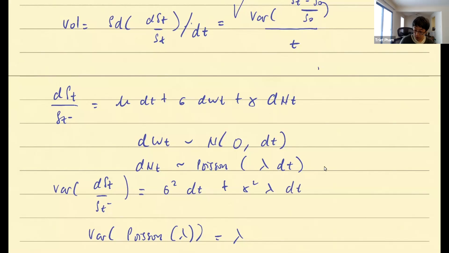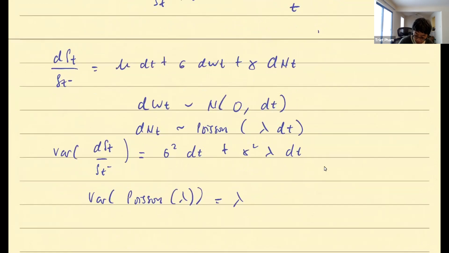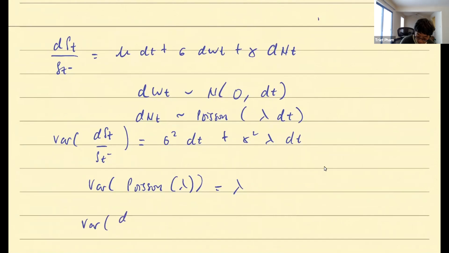And so if you take the variance divided by dt, I hope that is clear then that the volatility is the square root of sigma square plus gamma square times lambda. Is that okay? That's a new volatility.